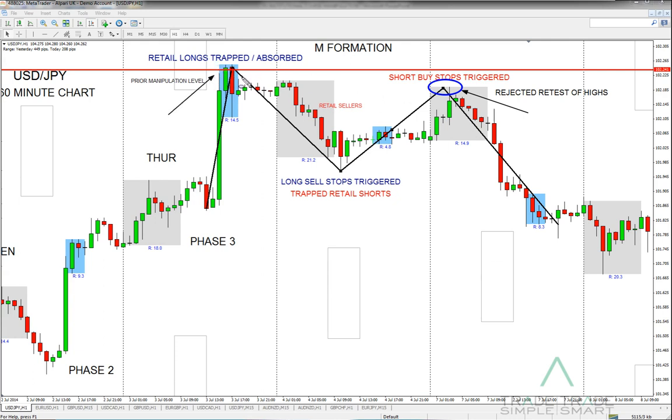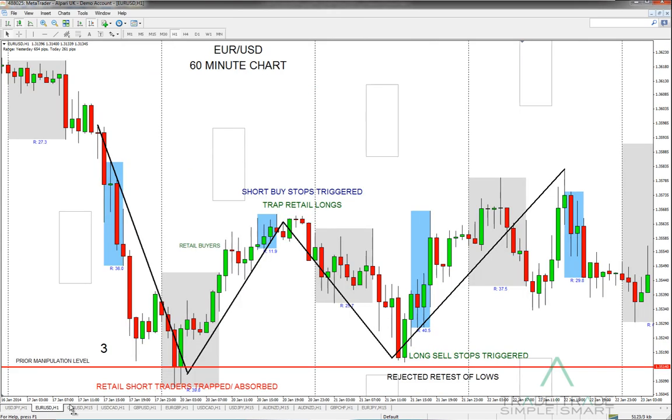So in the M formation, those traders who saw three levels of rise and then decided to buy in at the worst possible time, combined with the traders who bought on the break of the prior manipulation level, many of these guys will be stopped out as the liquidation begins, but those with larger stops will remain trapped. And if smart money were to retest the level, it would allow these traders to either break even or book a small profit.